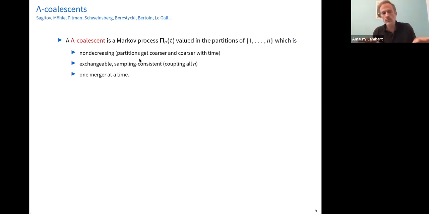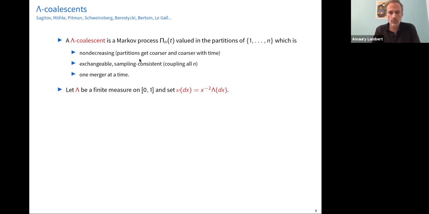A merger is when you have a subset of blocks that coagulate together into one new single block. And here we assume that we can't have multiple mergers at the same time. So a merger can be more than binary, more than two blocks coagulating at the same time, but no multiple mergers.